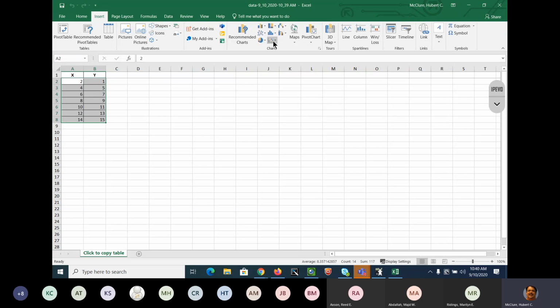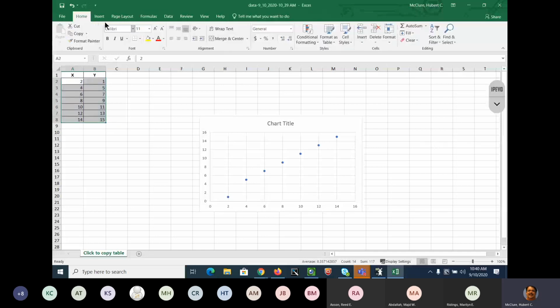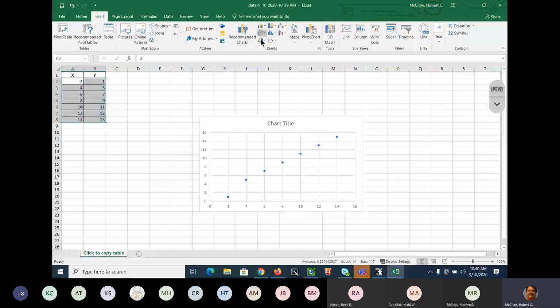And there is your scatter plot. So to draw your scatter plot, you just highlight the 2 columns, go to Insert, and pick which one you want. In this case, the scatter plot.